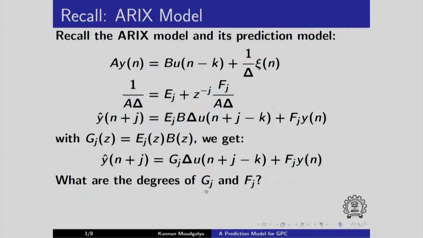What are the degrees of GJ and FJ? Let's take GJ first. Degree of GJ is degree of EJ plus degree of B as given here. We will denote the degree with this letter D. Now let us add these two.